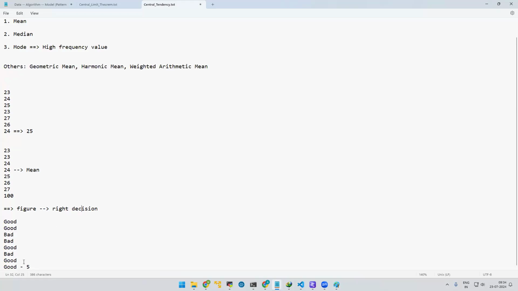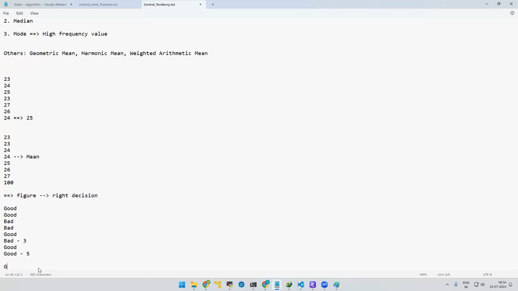So the most frequent value here is good, and bad got repeated 3 times. So we are going to take good. Okay, so this is the mode.